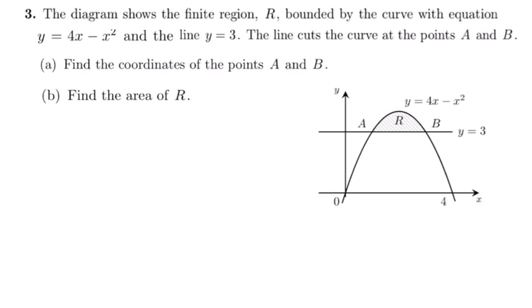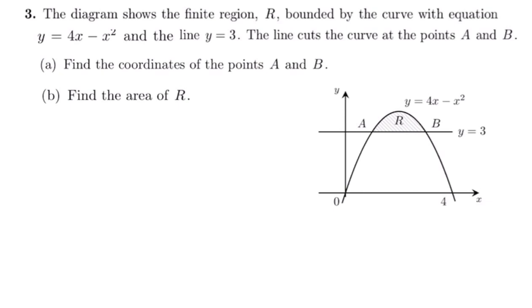So we've got y equals 4x minus x squared. We've got y equals 3. So 4x minus x squared equals 3. Therefore, x squared minus 4x plus 3 equals 0.